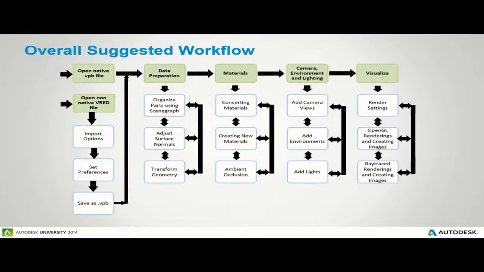Then the next part is the materials. Here what we do is convert the materials. For example, you are bringing in a file from another CAD data application, and it comes with some kind of materials from there. Generally, we convert the materials to the Vred Truelight materials, because that is the main thing in Vred software.